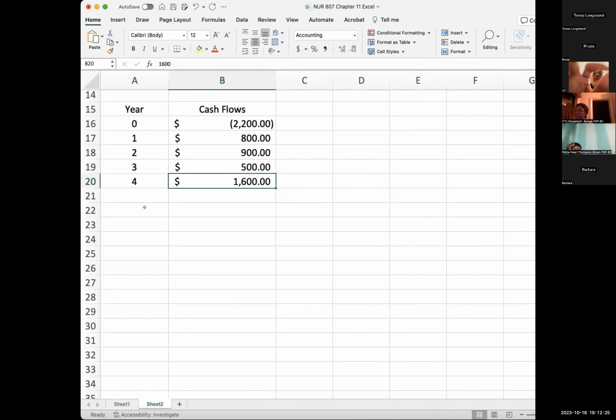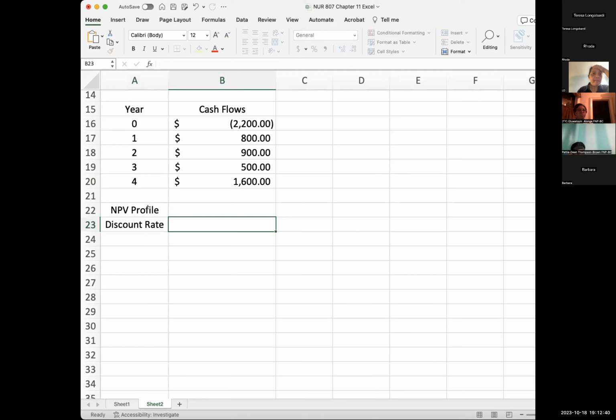And then what I want to do is make what's called the NPV profile. And that means putting the discount rate here and the NPV here. So for different discount rates, I'm going to calculate the NPV and make that table that we were staring at. So what we're doing is called the NPV profile.